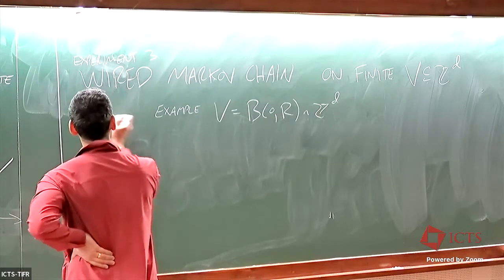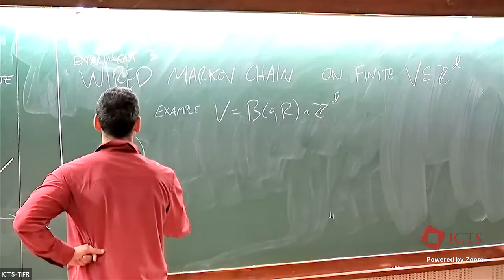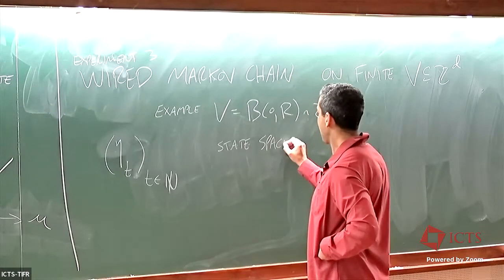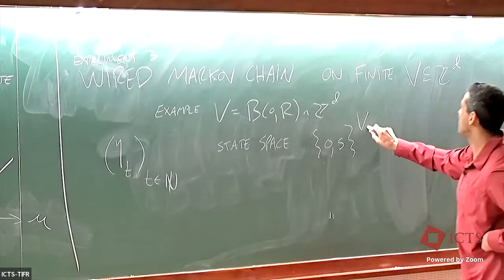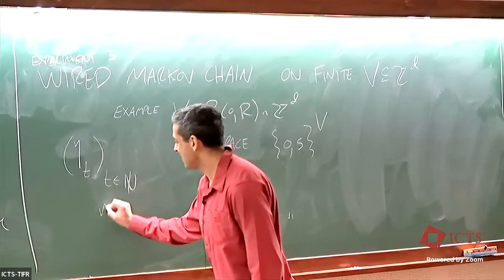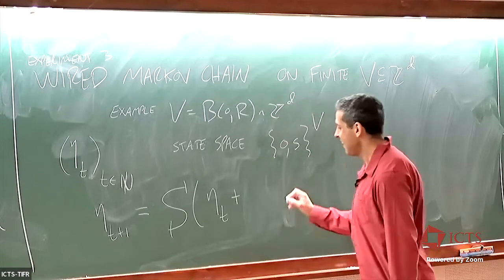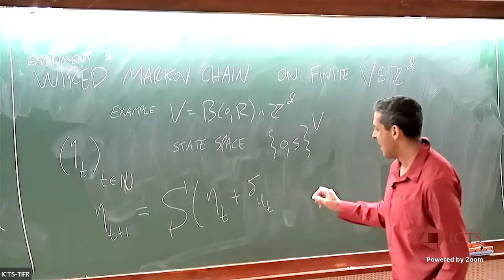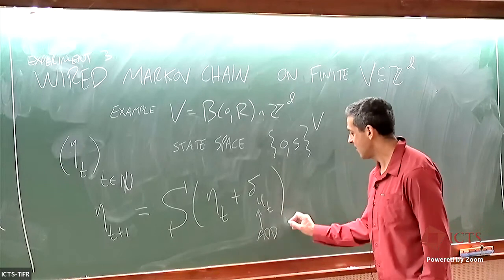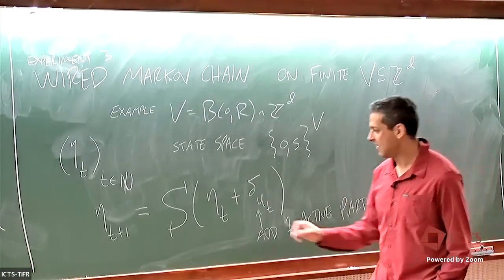And so the Markov chain, it's a discrete time process with state space all configurations of sleepers on this finite set V. And the transition is to add one active particle and stabilize. So at time t plus 1, you take the configuration at time t. Let's say add a single active particle at some random site u_t, and then stabilize.